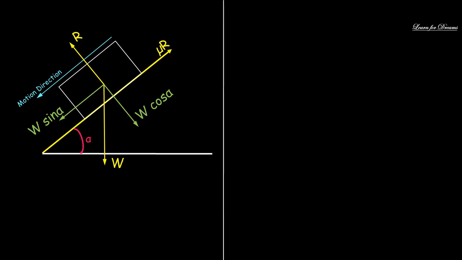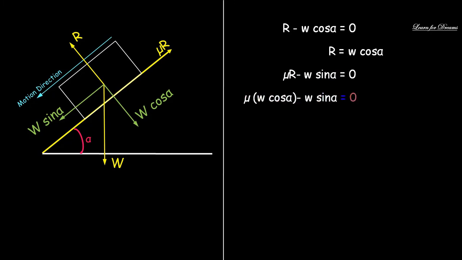From the diagram we can say that R minus W cos alpha is equal to 0. Both of them are acting in opposite directions. Therefore R is equal to W cos alpha. Next equation is mu R minus W sin alpha is equal to 0. Put R is equal to W cos alpha in this equation.